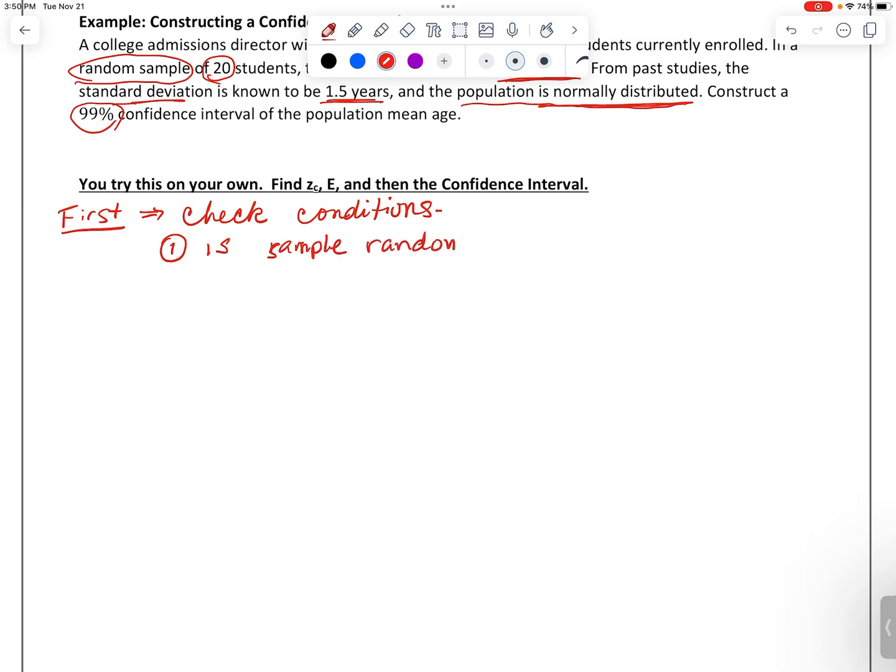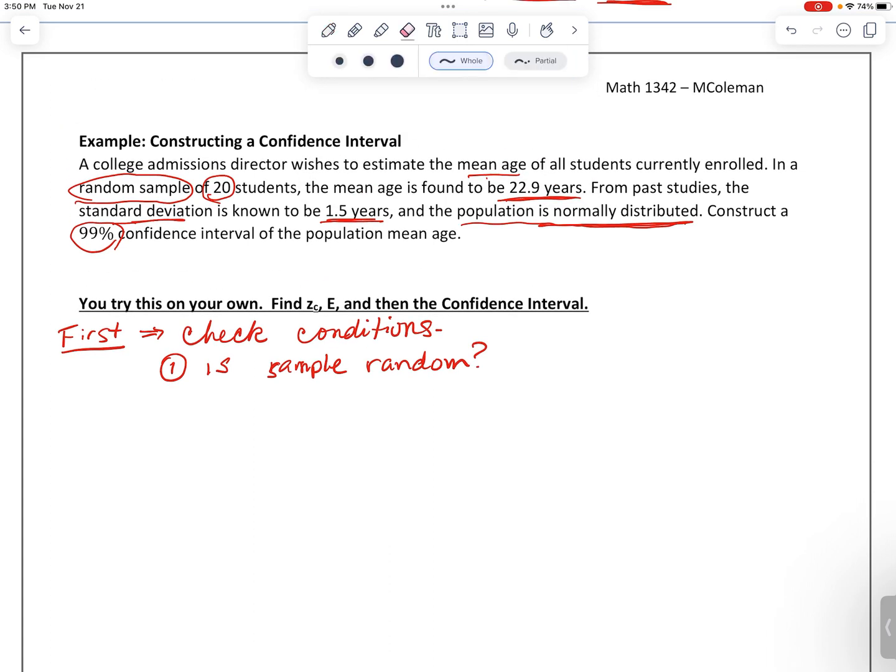Is the sample random? And so if I look back at my problem, is the sample random? And it says right here, its sample is random. So we can check that box. That's a check. It's a yes.